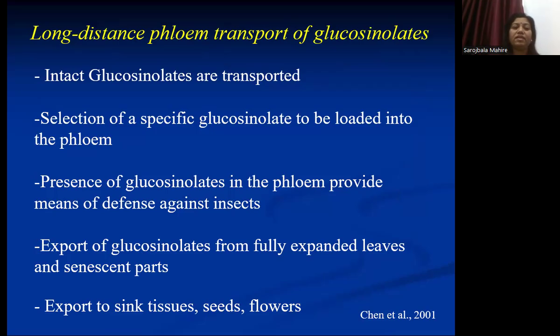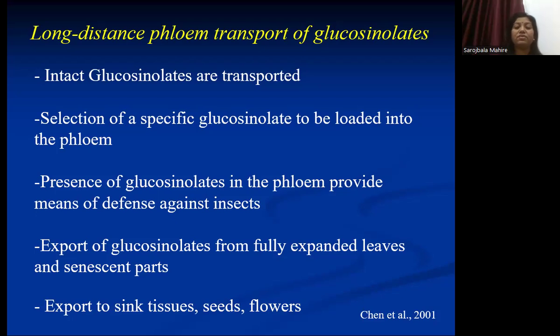Important glycosinolates are transported over long distance in the phloem. Selected specific glycosinolates will be located in the phloem. Presence of glycosinolates in the phloem provides the difference between insects.